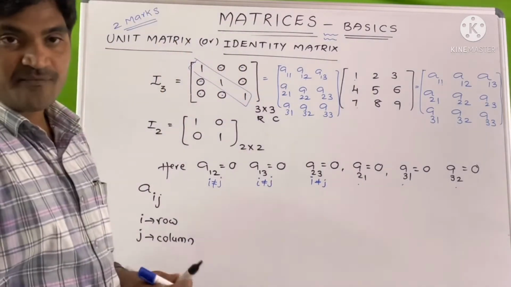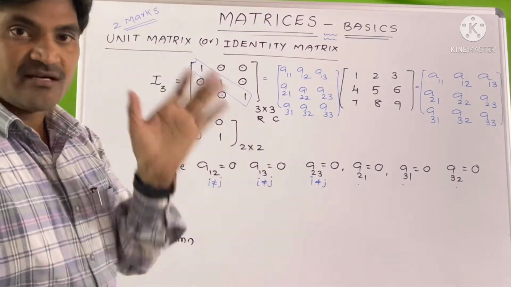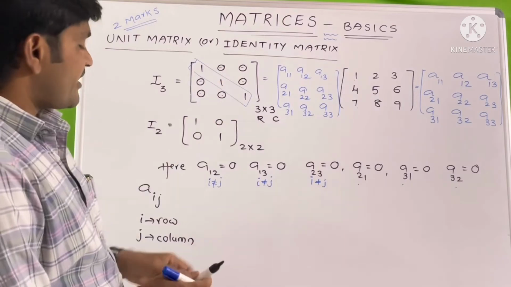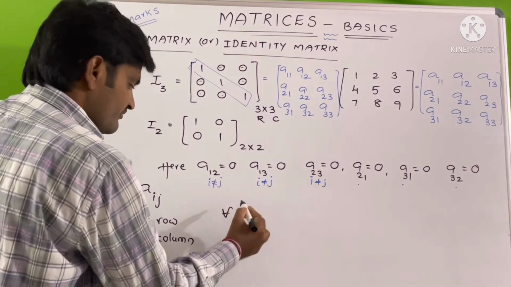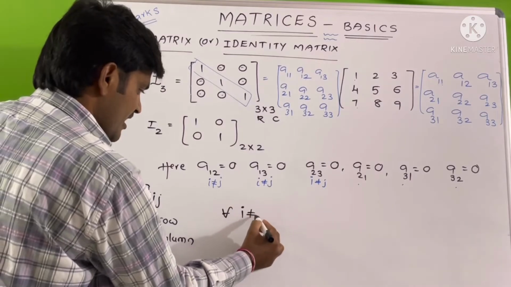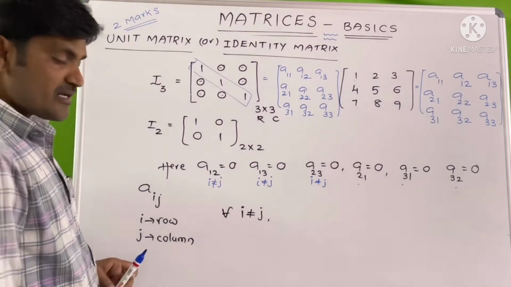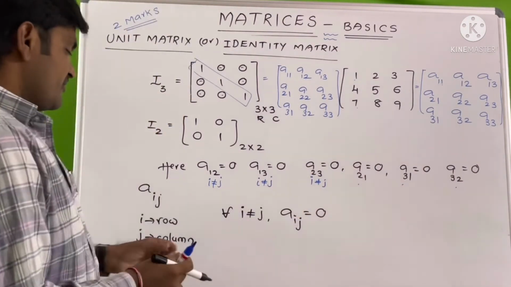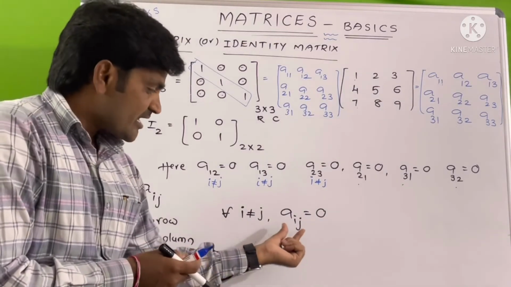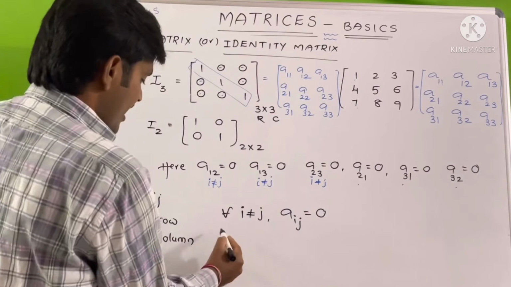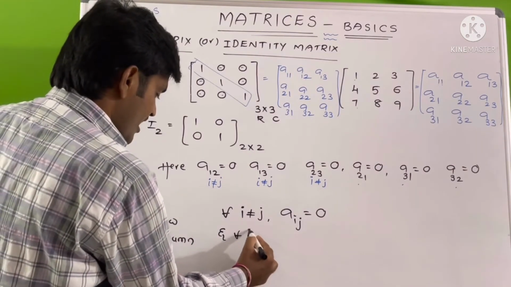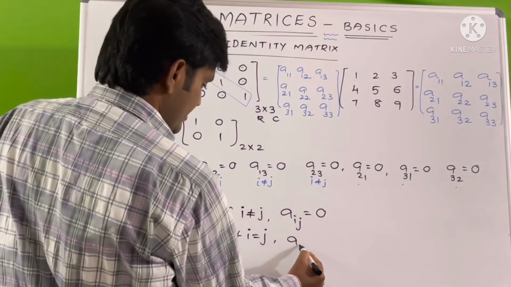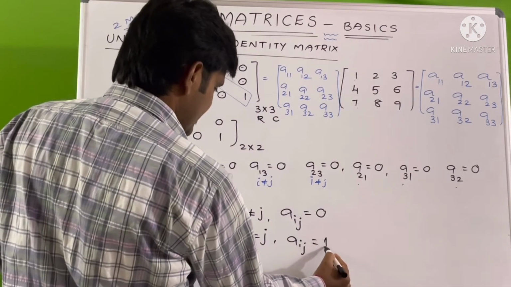So the mathematical definition of a unit matrix or identity matrix is: for all i not equal to j, that element's value is 0, and for all i equal to j, the element Aij has value 1.